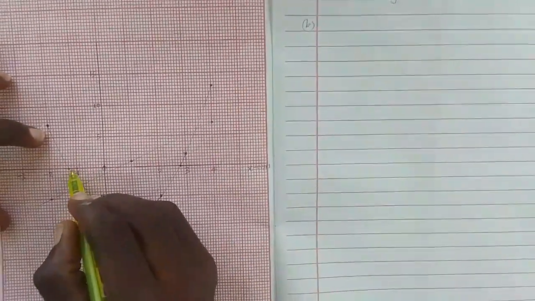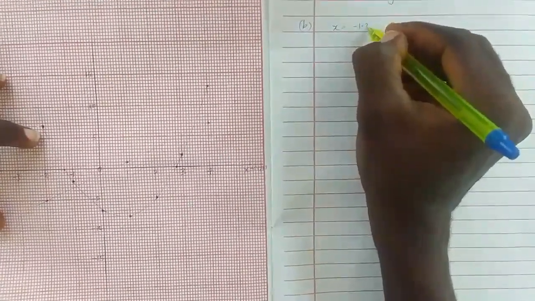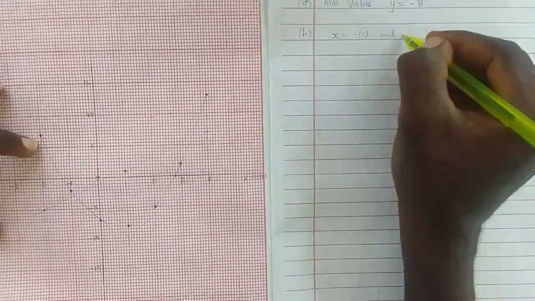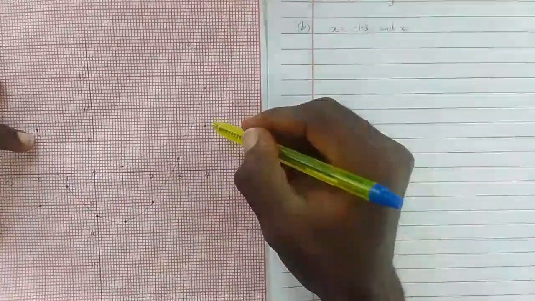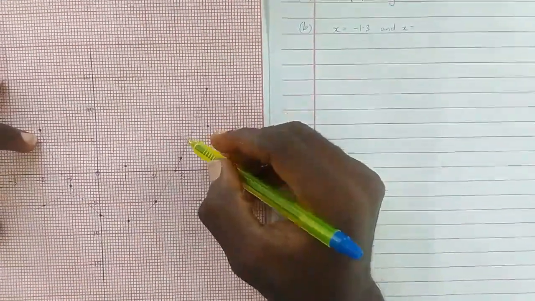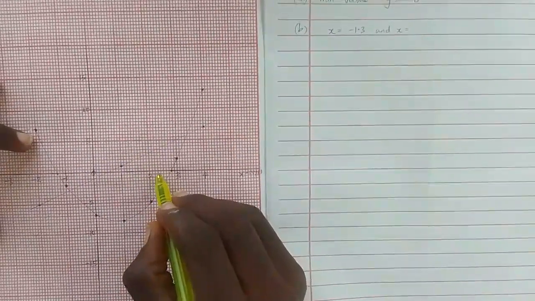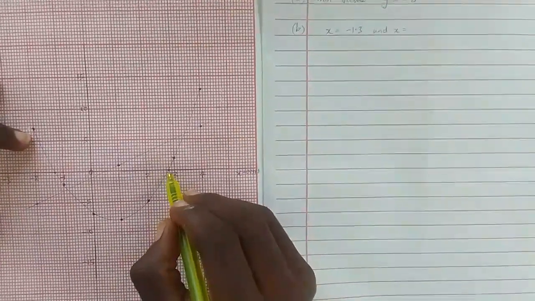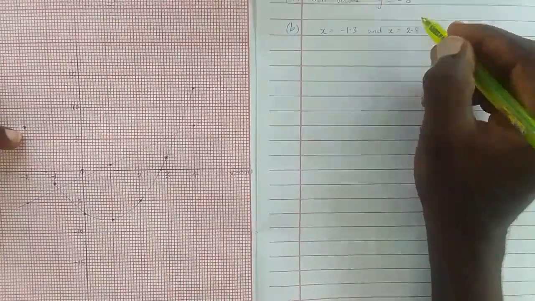So this is -1, -1.1, 0.2, 0.3. So we should have x equals minus 1.3 and x equals here. This is 2. Where the curve cuts the x-axis, this is here. So this is 2, 0.1, 0.2, 0.3, 0.4, 0.5, 0.6, 0.7, 0.8. 2.8. Now that's the answer.